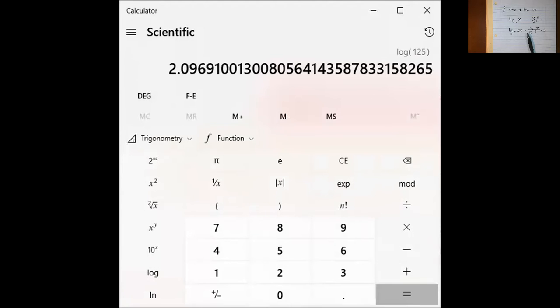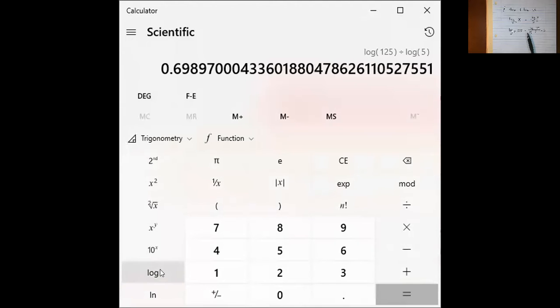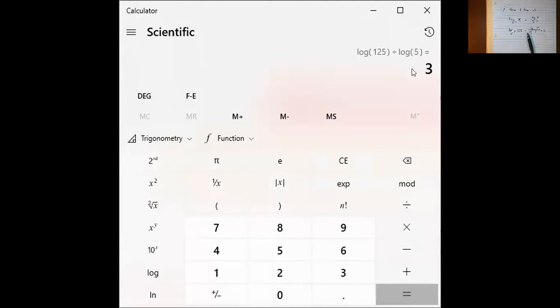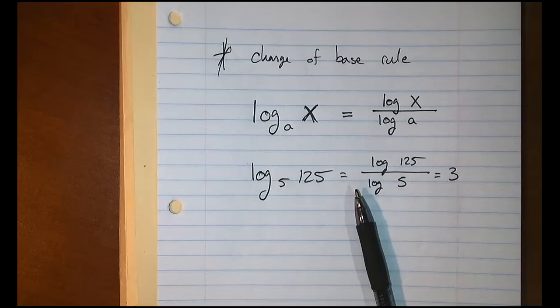It gives me this giant funky decimal, divided by 5 log. And now when I push equals, there's my answer. And I can see that what it's done is the log of 125 divided by the log of 5. Okay, so these are problems that we can do on our calculators, even if it's just a regular scientific calculator, nothing fancy like my graphing calculator.